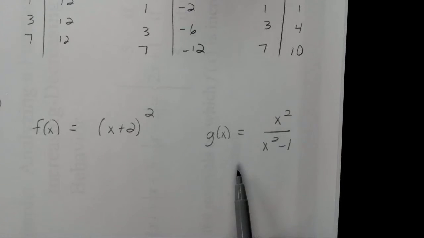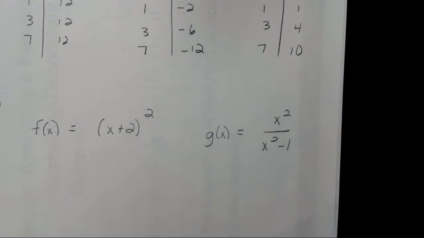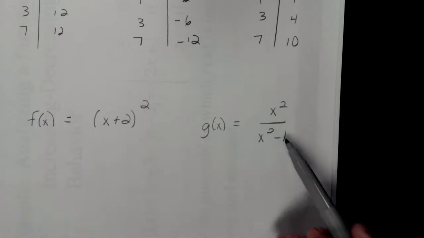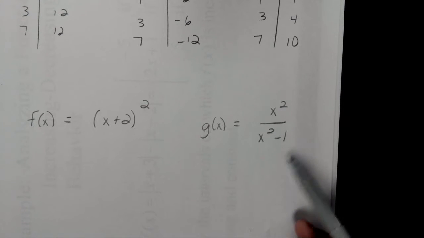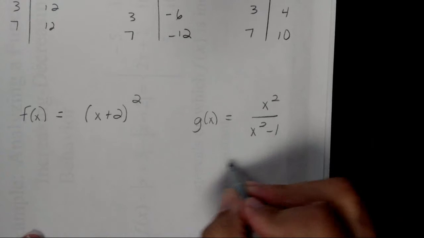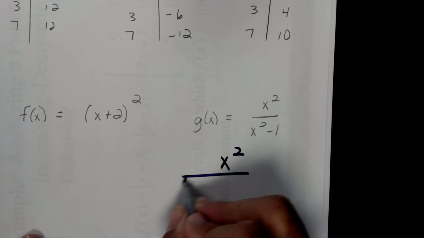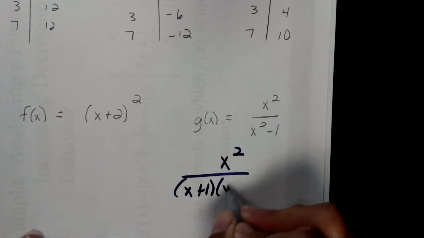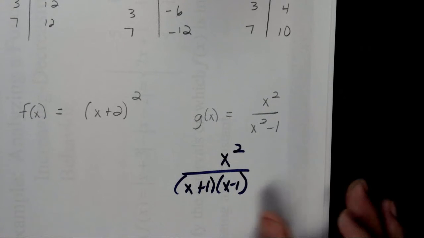This one. So, x squared, so we don't have any restrictions on parabolas, but we have restrictions on what makes zeros in the bottom. So, do we agree that that is going to factor to x plus 1 and x minus 1?